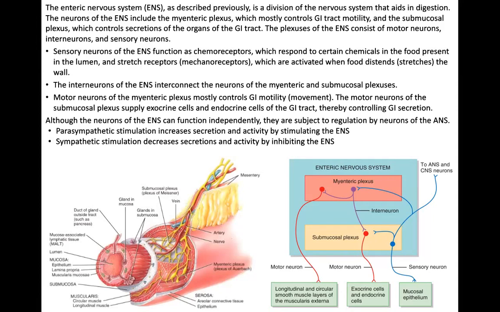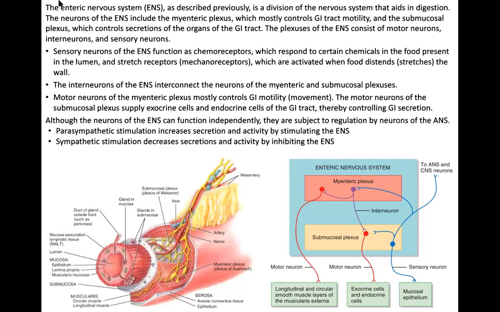Because as we know, when we fill our stomach up with food, what happens to the wall of the stomach? It stretches, right? So the arrival of food into our stomach, for example, changes the pH inside of it and changes the stretch, the shape of the stomach. We send signals into the interneurons. Remember, interneurons are between sensory and motor neurons.